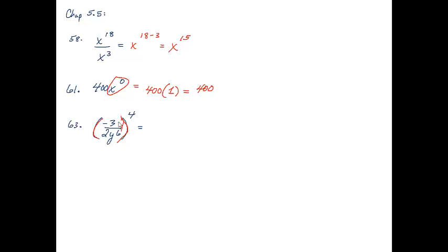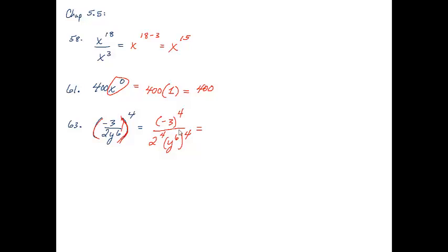Everything's being raised to the 4th power, right? Everything that's in this parentheses is raised to the 4th power. So what we're going to do is take each piece and raise it to the 4th power. So it becomes negative 3 to the 4th, divided by 2 to the 4th, y to the 6th to the 4th.